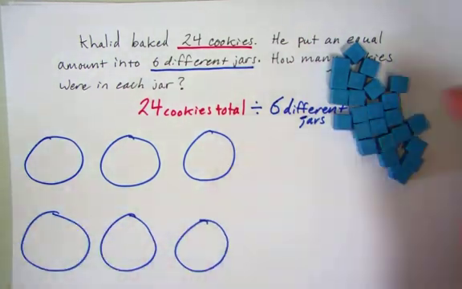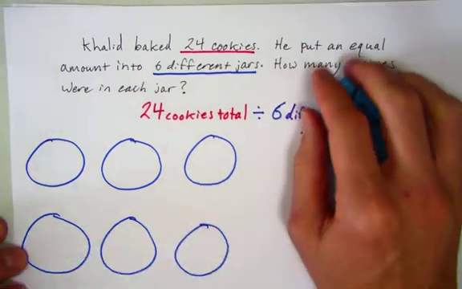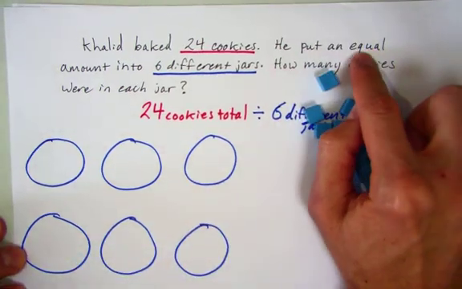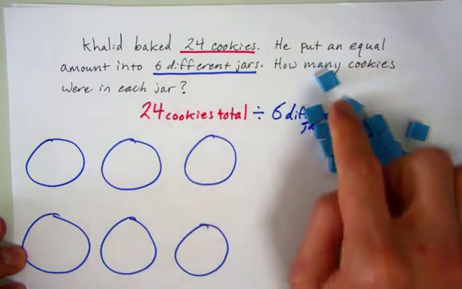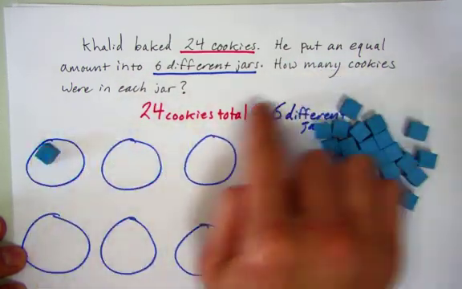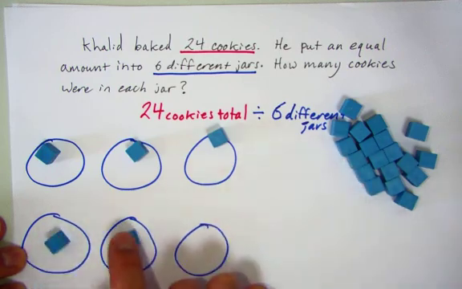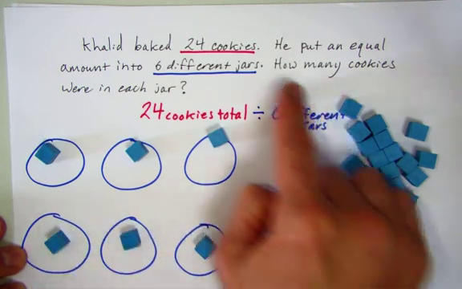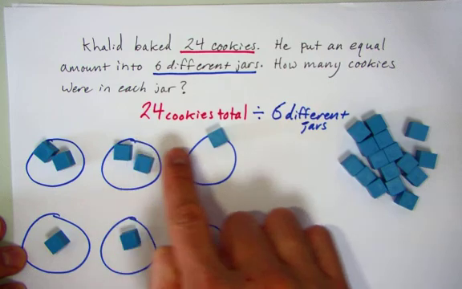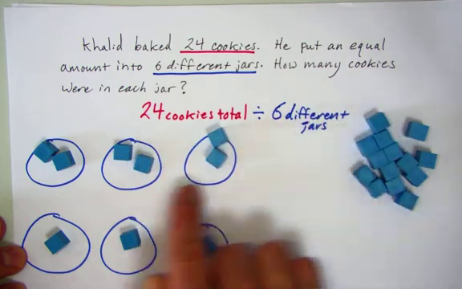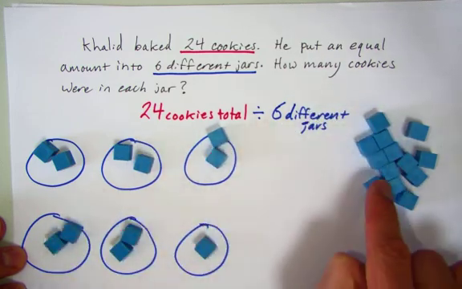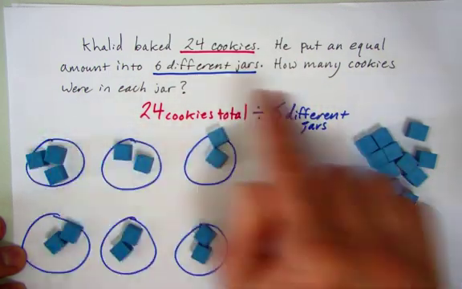Now I need to divide them up into 6 different jars. And this is very important, this word right here, equal, an equal amount. So if I'm going to do it equally, I might as well just put 1 by 1 into each jar. I'm doing this because I know that I will make sure to put an equal amount if I put a cookie into each jar 1 by 1.